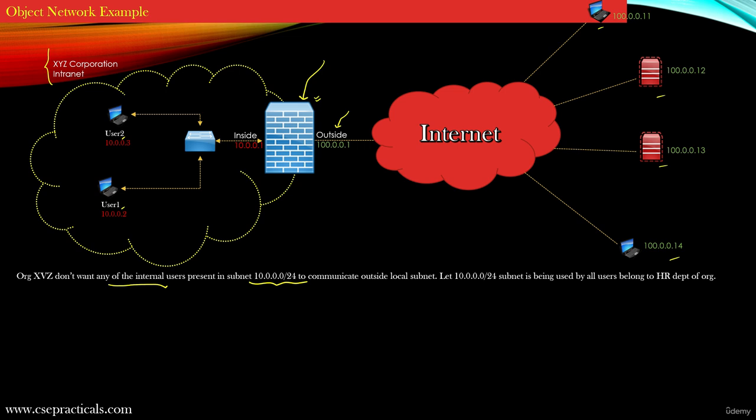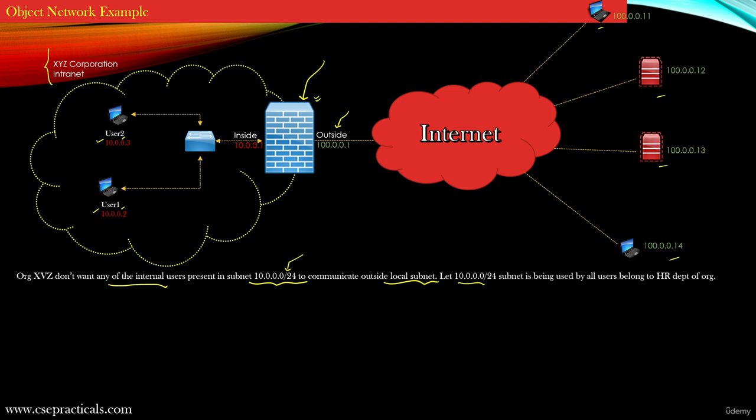For the sake of example, I have chosen a subnet 10.0.0.0/24, and I am showing user 1 and user 2 as two users present in this subnet.